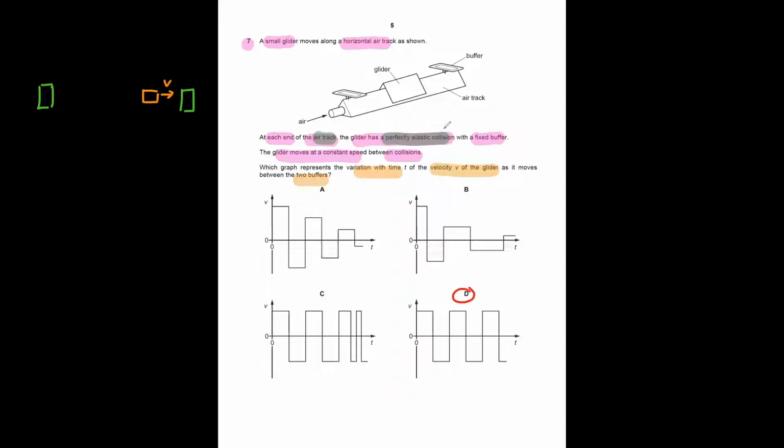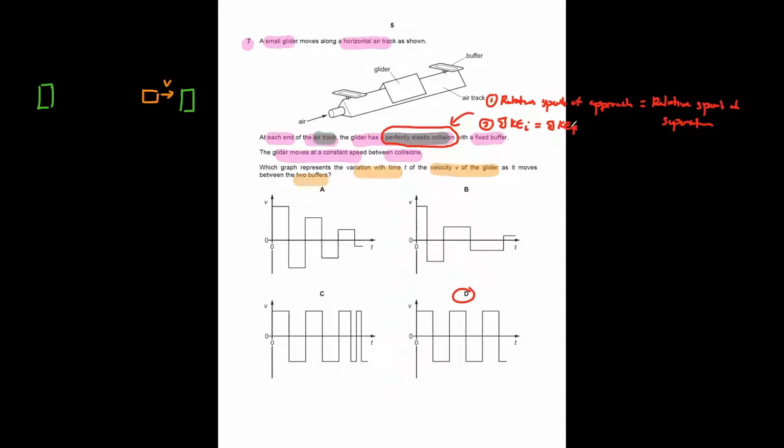Because you have perfectly elastic collision in the first place, whenever you see perfectly elastic collision, the first thing that will come to mind is this. Your relative speed of approach is equal to relative speed of separation. This is one. And then your sum of kinetic energy before collision is equal to the sum of kinetic energy after collision.